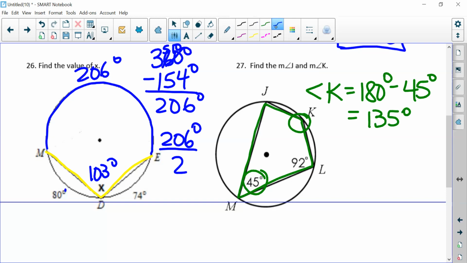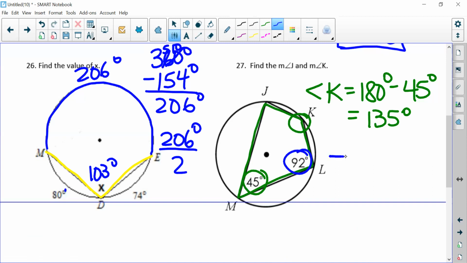Now, to find the measure of angle J, again, same rule applies. They're opposite angles in a quadrilateral. The sum of those two angles equals 180 because by definition of quadrilaterals that are inscribed inside a circle, opposite angles are supplementary, which means they have a sum of 180.